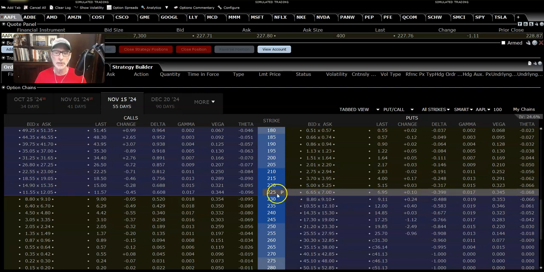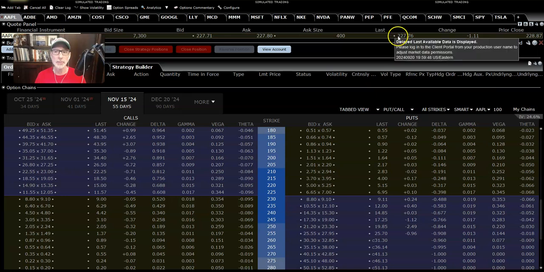So here, let's just say you sold a 225 put option. You're going to get roughly $6, and let's say round up to $6.80. That's $680. If you sell one of these contracts, someone will pay you $680 for your effort. Now, the 225 strike, that's only a couple dollars below.